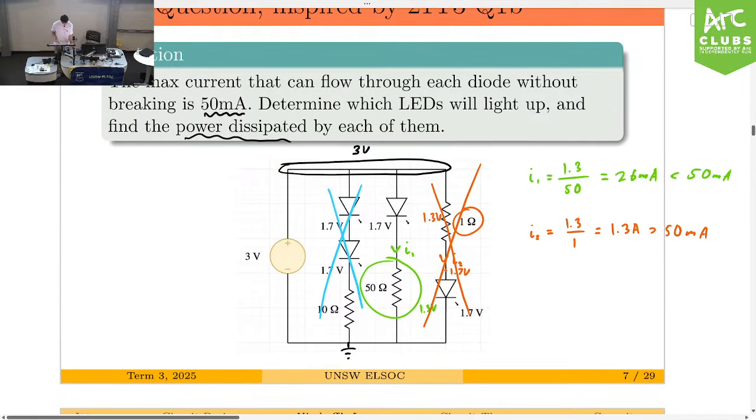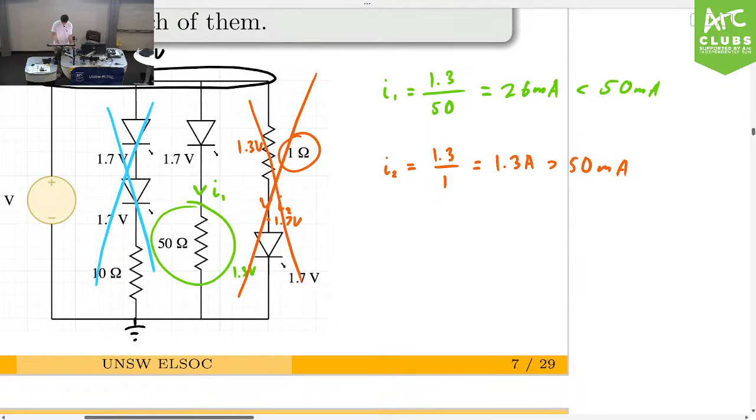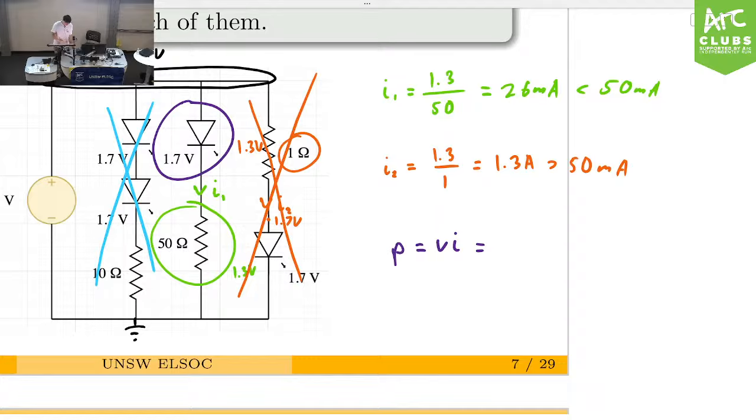Okay, so we only have one branch that works, and we're trying to find the power dissipated. If you remember, power dissipated is given by the voltage of the element multiplied by the current. We know the voltage drop across this diode is 1.7.